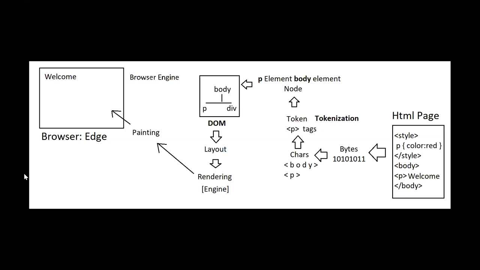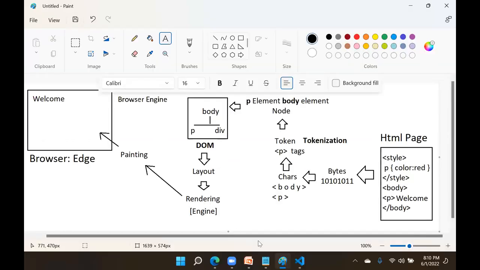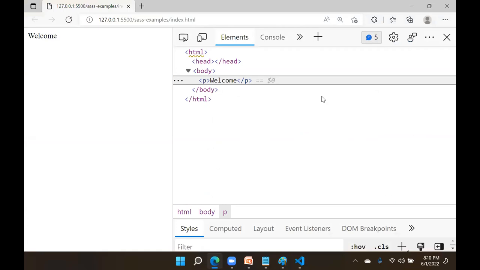Actually, we can see the process happening. See, not everything. Suppose you see now, this is the page. What I will do here is go to the debugger tools, we will go to performance.